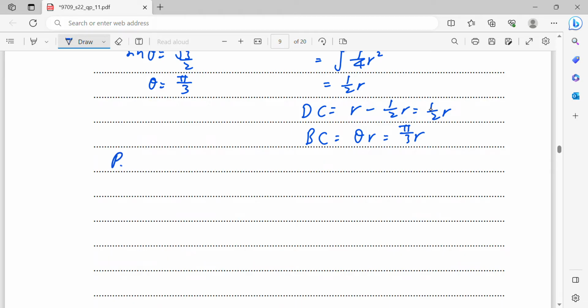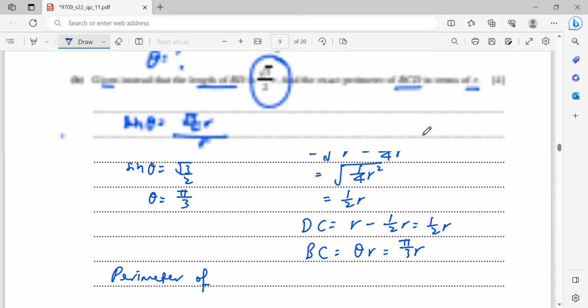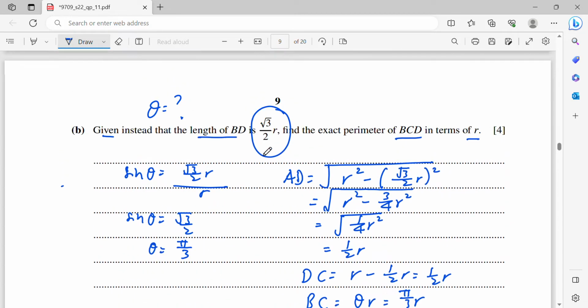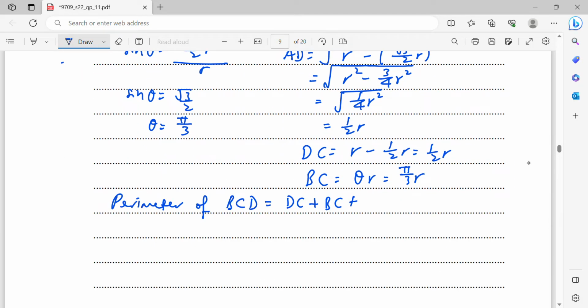Okay, therefore the perimeter of BCD equals DC plus BC plus BD. Okay, that means you are getting half R plus pi over 3R plus root 3 over 2R.